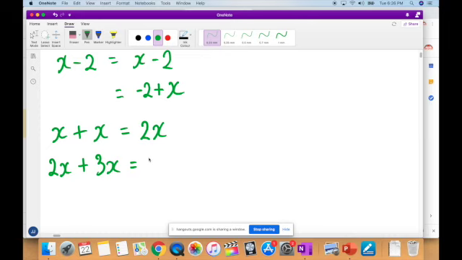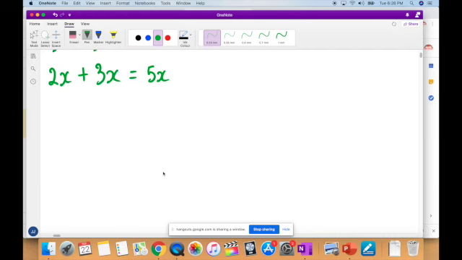Caitlin, will you agree? Yeah, if I have 2 apples and then Scotia gives me 3 apples, I'll have 5 apples. So I have 5x. What if I have 2x minus 3x?